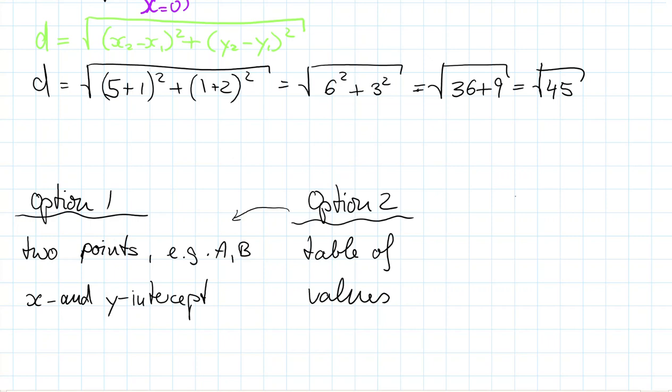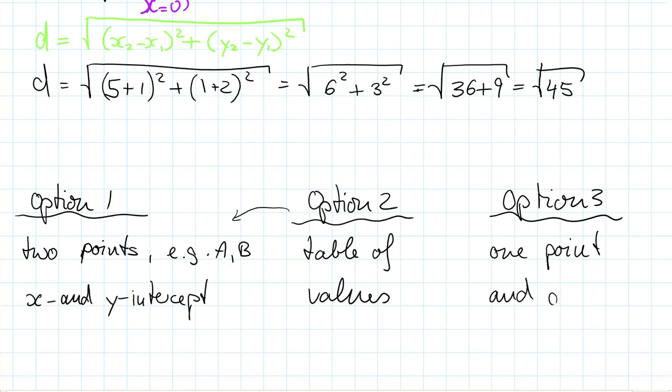Okay, so the real next option is to take one anchor point and investigate the direction. So 1 point and the direction of the straight line.